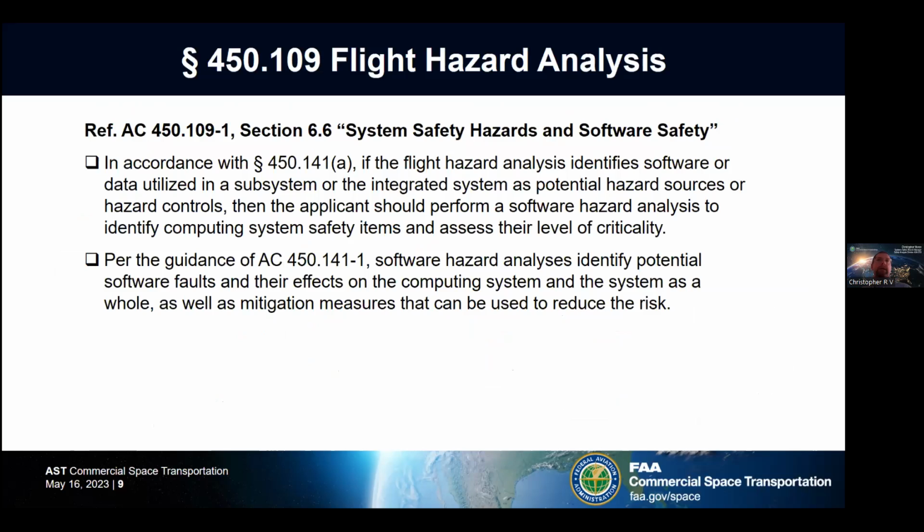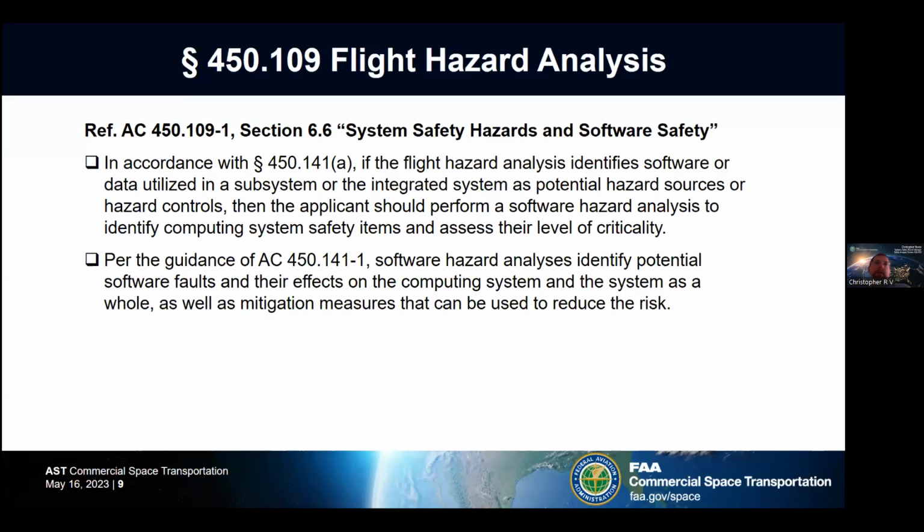Section 6.6 of the AC discusses system safety hazards and their relation to software safety or computing system safety. In accordance with 451.41(a), which will be discussed on Thursday, if the flight hazard analysis identifies software or data utilized in a subsystem or the integrated system as a potential hazard source of hazard controls, then the applicant should further conduct a software hazard analysis to identify computing system safety items and assess their level of criticality.